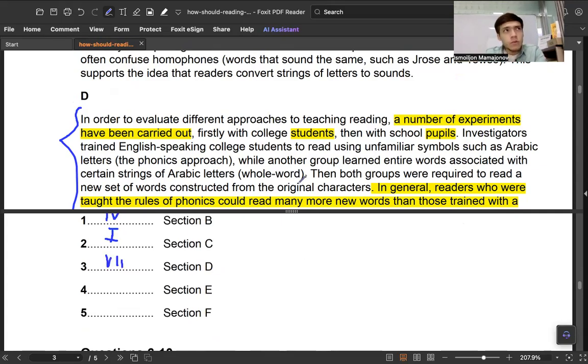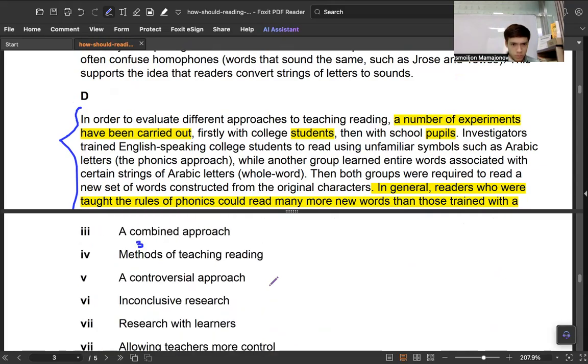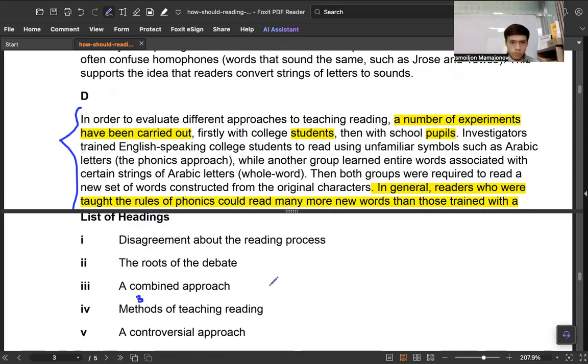E. E was more about phonics. The advantages of phonics, I would say. Do we have disagreement? No. Combined approach? No, we don't have a combined approach, I guess.